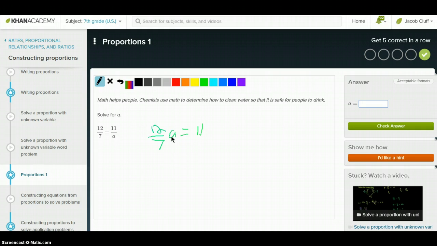So we're going to divide by 12 over 7, or multiply by 7 over 12, same thing. So multiply by 7 over 12, and that just goes away because that becomes 1. And we're left with a equals, now 11 times 7 is 77, and then 12.